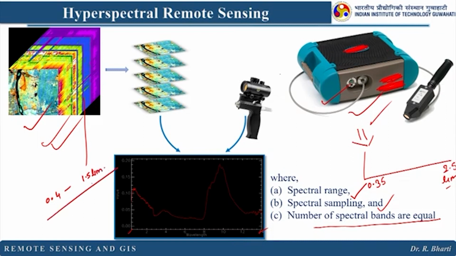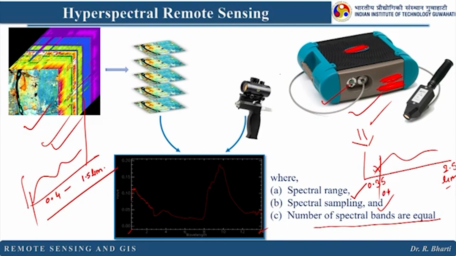So, this is the wavelength range. Now, to match these two, what we need to do? We need to make sure the starting wavelength should be same. So, we have to trim here, we have to remove this, and then it will be 0.4.